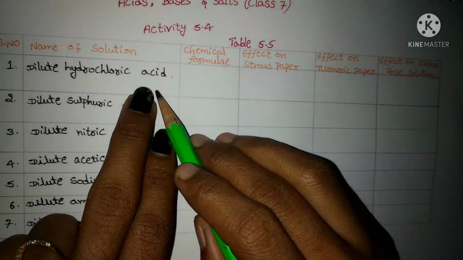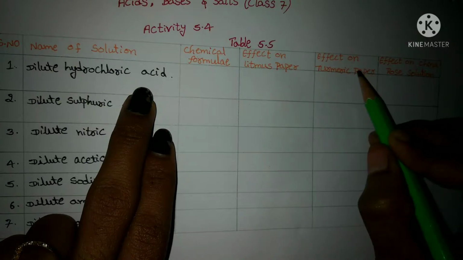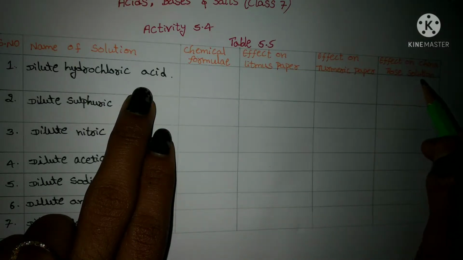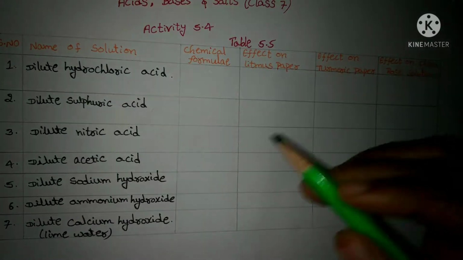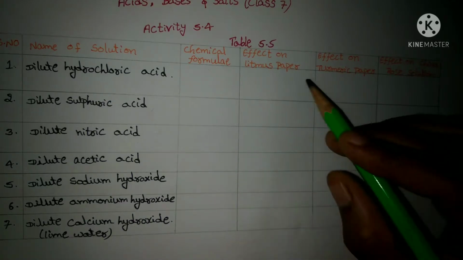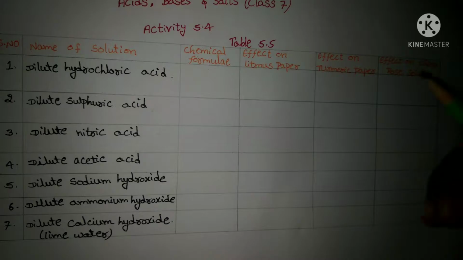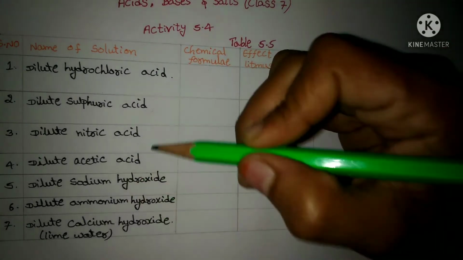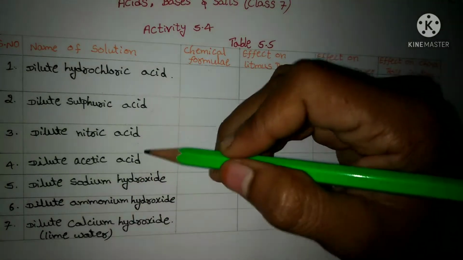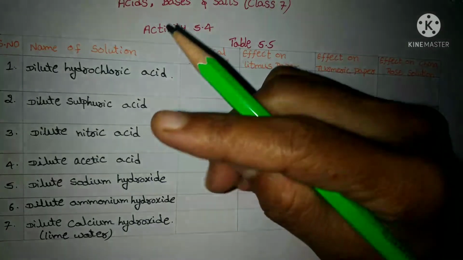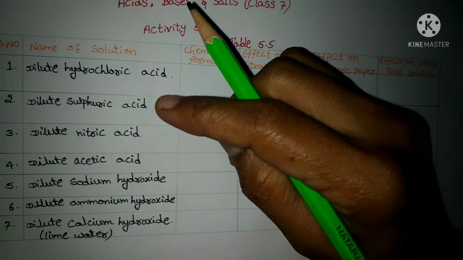What is the effect of an acid on litmus paper, turmeric paper and China rose indicator? Similarly, what is the effect of a base on litmus paper, turmeric paper and China rose solution? You have to find out. But you can find the effect only if you know whether the given solution is acid, base or neutral.